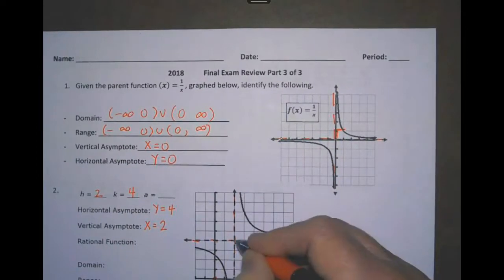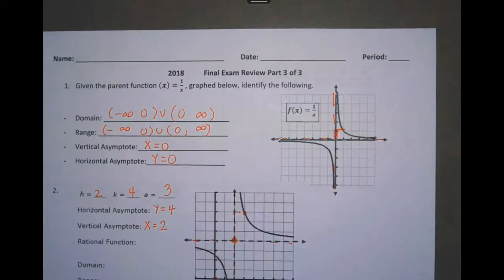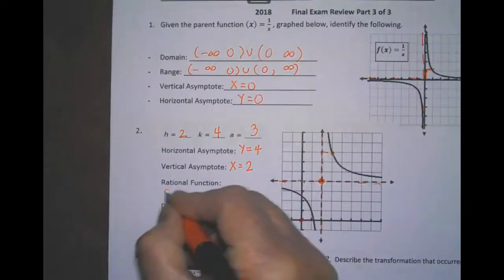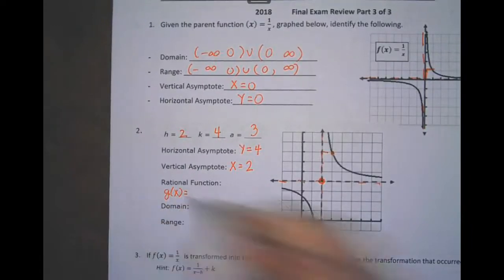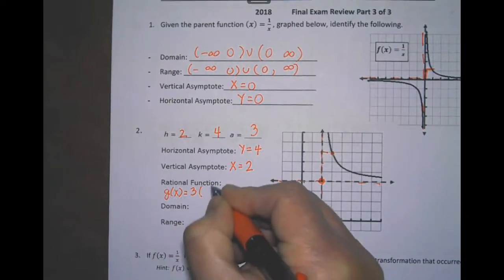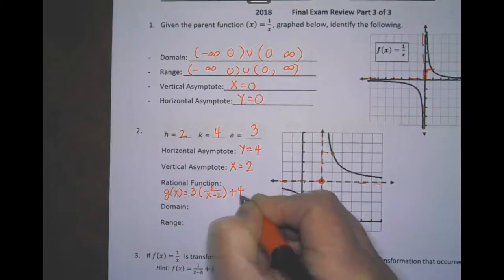This graph from this intersection point to this point goes 1, 2, 3. And so this is a value of 3. The equation is going to be 3 times 1 over x minus 2, plus 4.